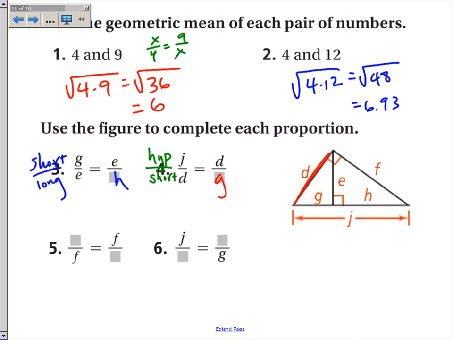Number 5, blank over F equals F over blank. Now which two triangles is F in? F is in the large triangle, the biggest triangle, and the medium triangle. So I will think about this as the large proportion and this as the medium proportion.